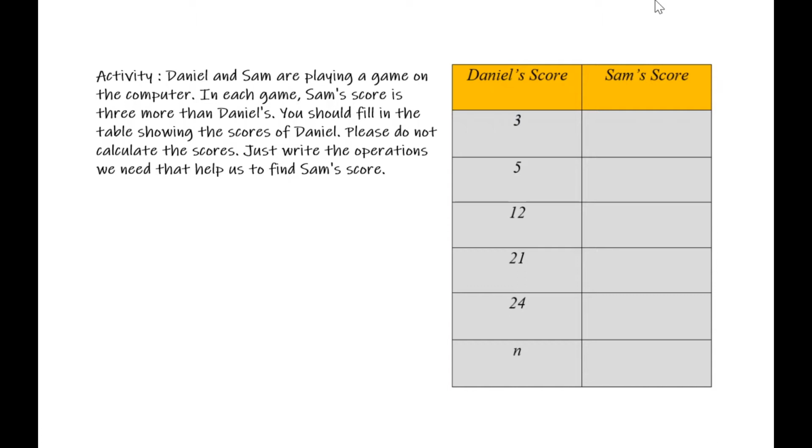Let's start. We know that Sam's score is 3 more than Daniel's, which means Daniel's score should be increased by 3. Let's do the first game. We should add 3, which means 3 plus 3.